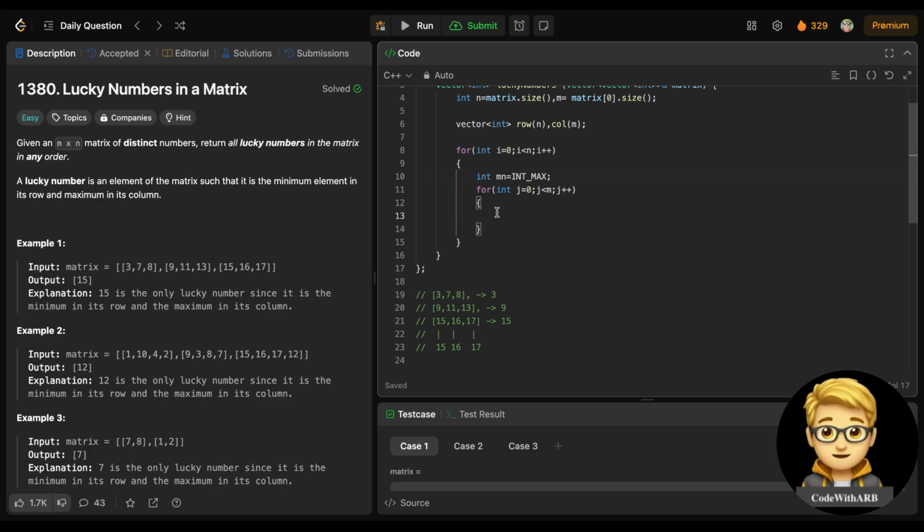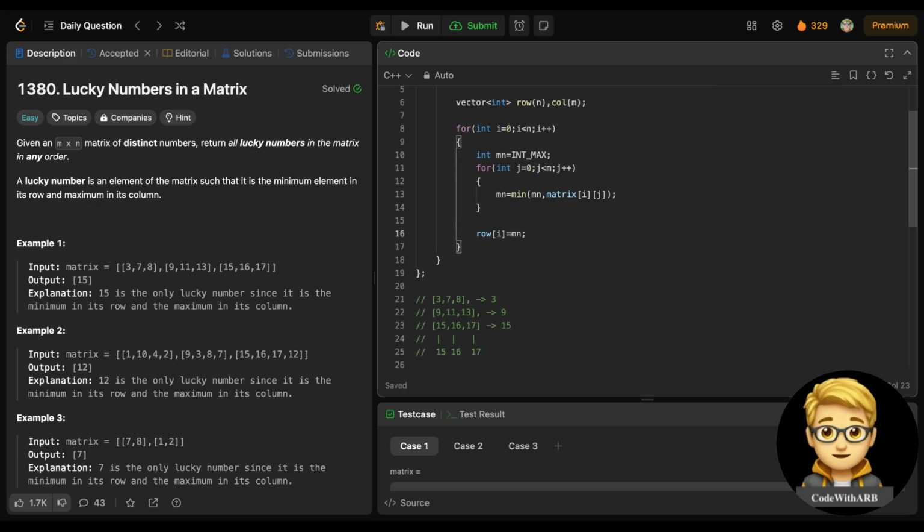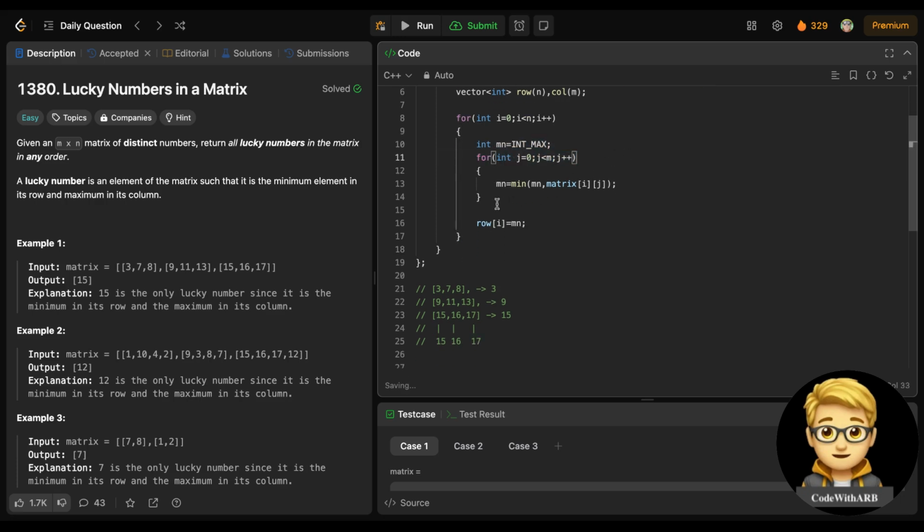Okay, and now we will store the minimum. So this will be the minimum of matrix i j, right? And this is the minimum. So this will be row i, and this is the minimum. This is how we solve this problem, right?